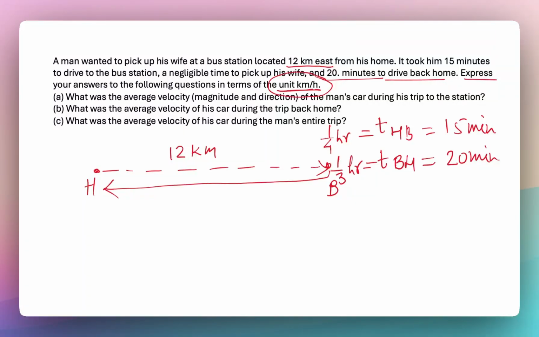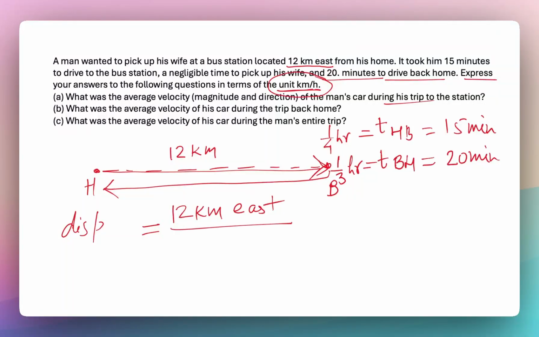Say, what was the average velocity, magnitude, and direction of the man during his trip to the station? Okay, so it is saying what is the average velocity when it's going from H to B to the bus station. So my displacement is going to be in this direction, right? So which is 12 kilometer east, and time it took from H to B is THB, right?